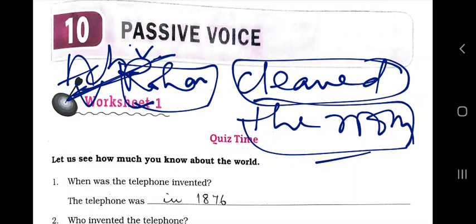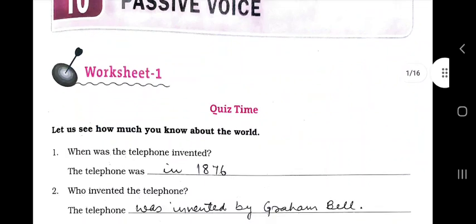The action is directly done by the subject. Whereas in passive voice, we begin the sentence with the object. The room was cleaned by Rohan. We begin the sentence by object, then it is passive voice. Let's understand it in a more proper way by doing the different worksheets of this chapter.